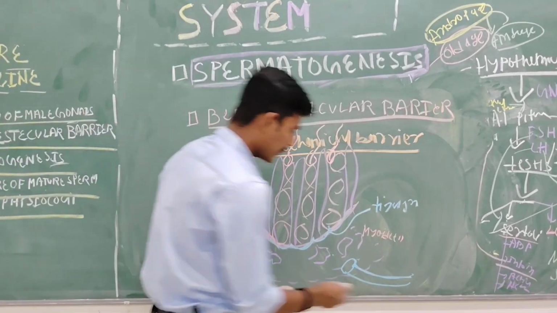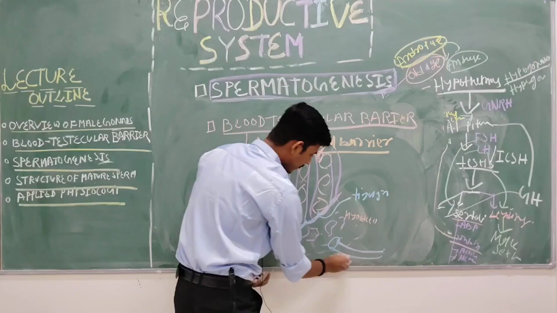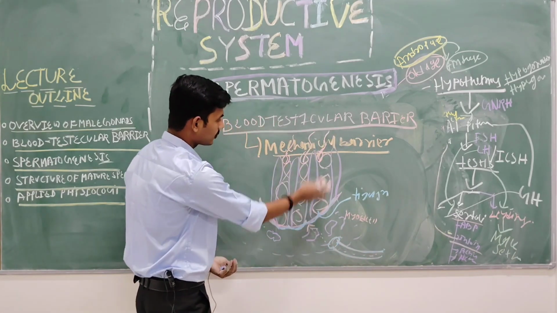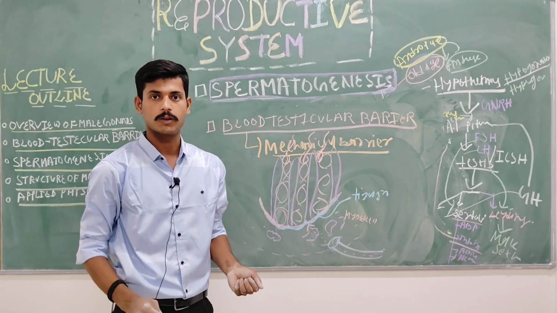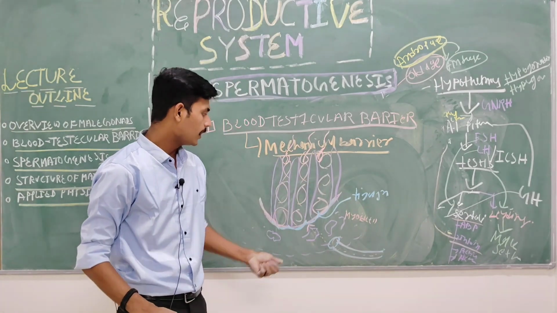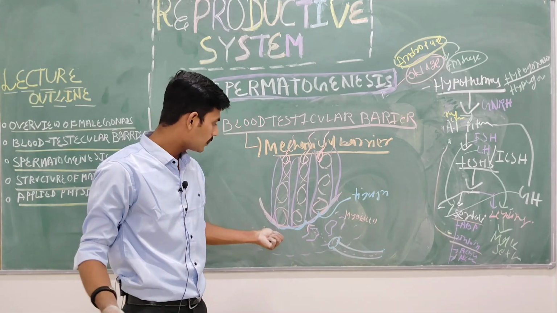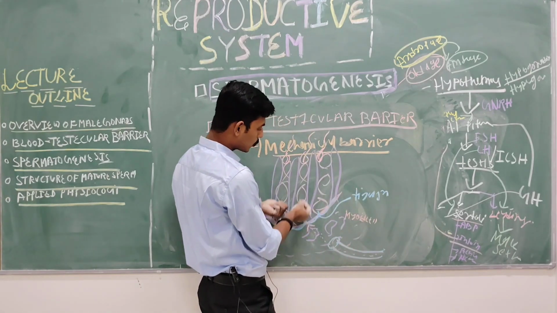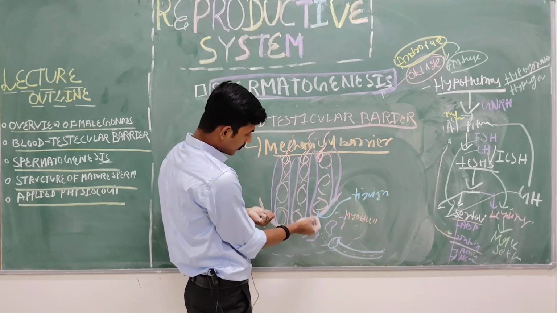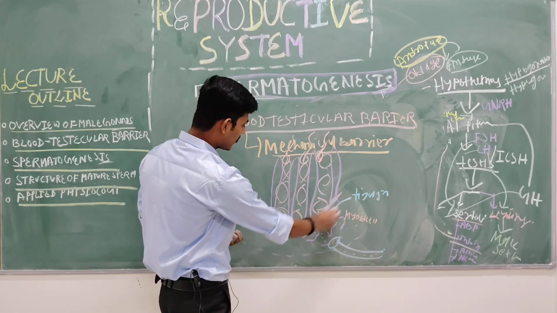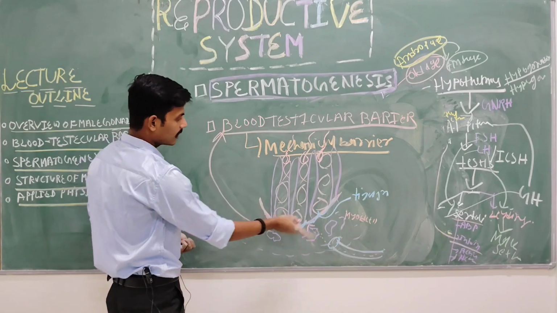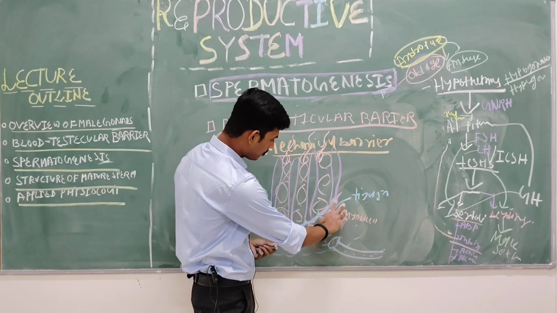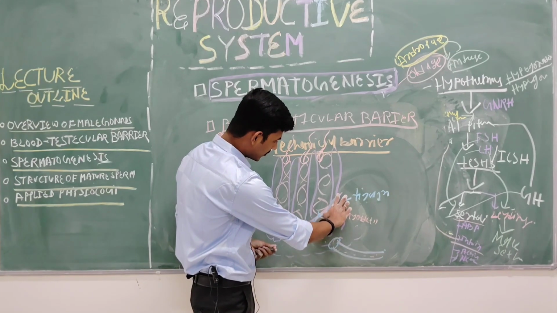So the content of the blood is not capable of going inside this testicular microenvironment, even though there is a need for energy. Smaller substances can go inside through this membrane. This barrier is made up of tight junctions between the myoid cell and the Sertoli cell.